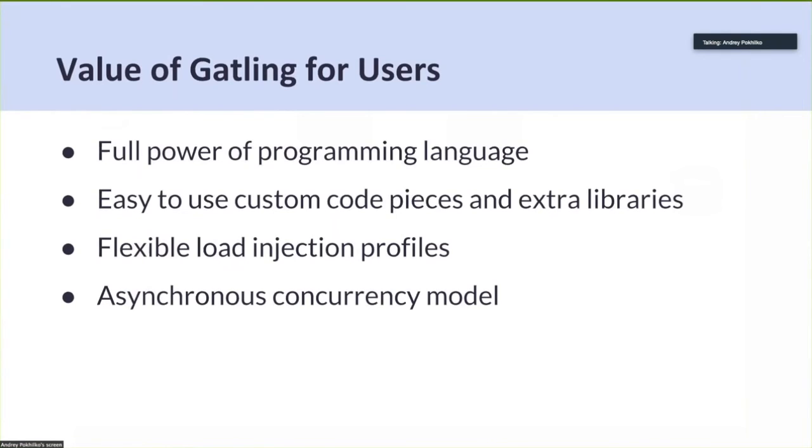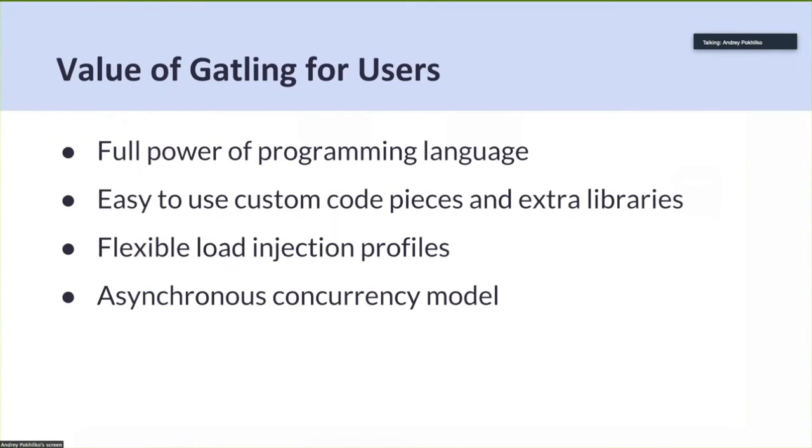And also Gatling uses an asynchronous concurrency model, which means that it does not require an operating system thread for each virtual user. Instead, it uses asynchronous models where one thread can serve many virtual users and many connections. It leads to slightly lower resource usage, probably.